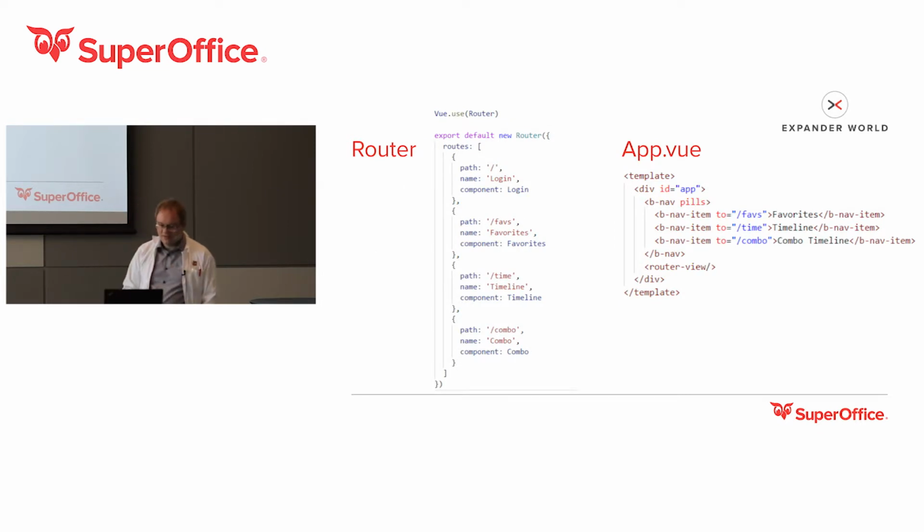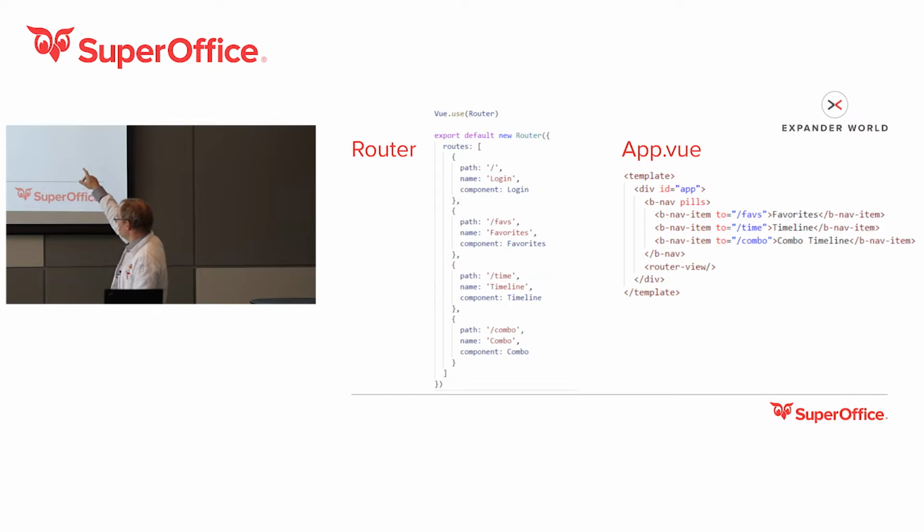But we want more than one component. We throw out the hello world component and replace it with our own. So we have a bunch of routes that we want to add. So login is the default one. So we say the route for slash goes to login, and then favs goes to favorites, time goes to timeline, and combo goes to the combo component. Then we want a little navigation.